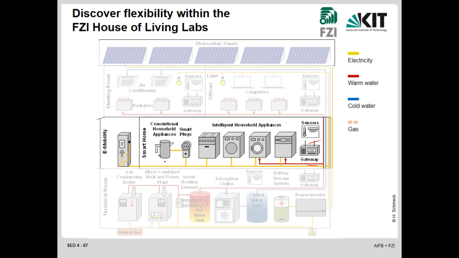Some can't talk at all, like this pot here for making hot water. That is not intelligent at all, but it can be plugged into this smart plug. And then we can observe the load profile of that device.